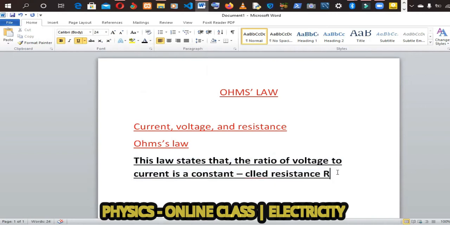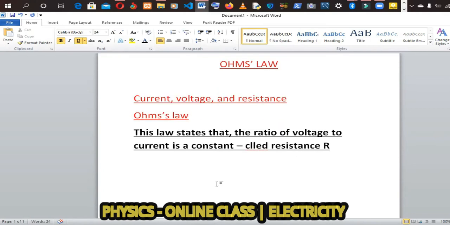Ohm's law states that the ratio of voltage to current is a constant, and then we can write Ohm's law, meaning that we are saying that it's a ratio, right? When we divide voltage by the current, we are going to get resistance.